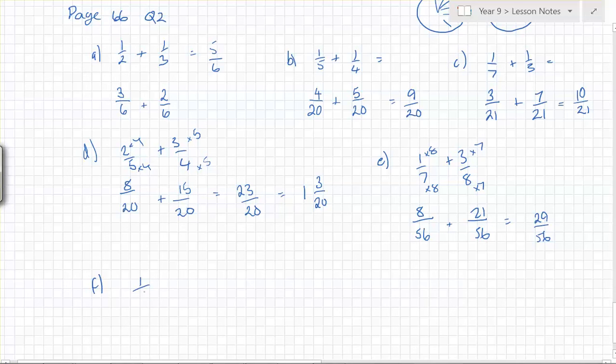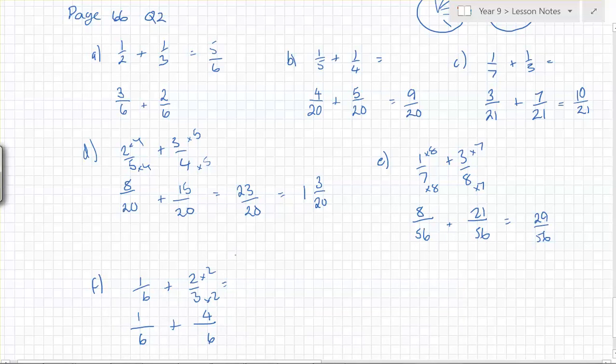Jaina, 1 over 6 plus 2 over 3. Lowest common multiple. 18. That is a common multiple, but it's not the lowest common multiple. Lowest common would be a 6. It's 1 over 6 and 4 over 6, because you just multiply this one by 2.